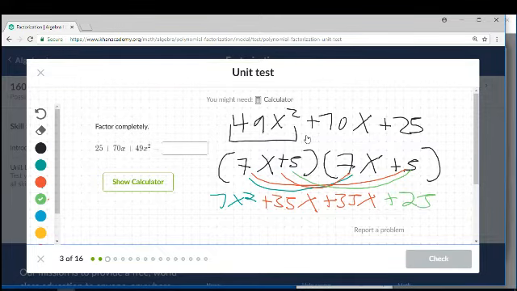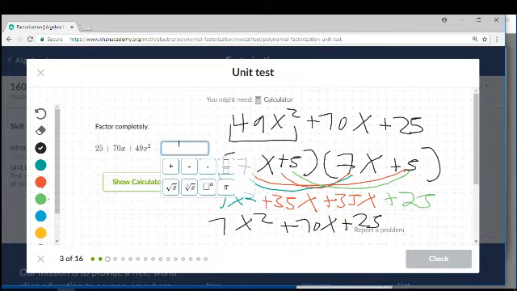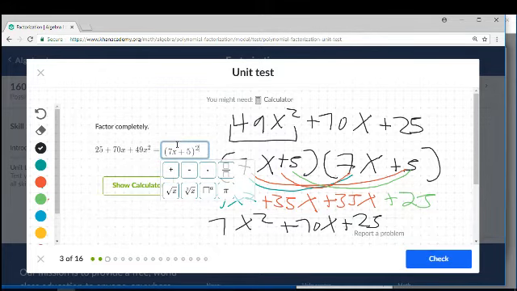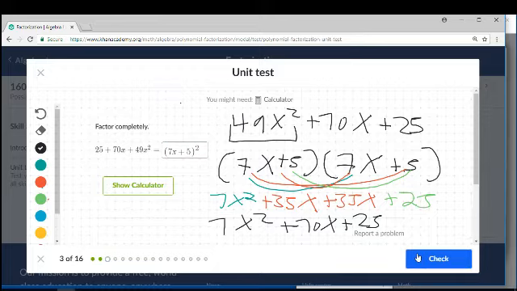The last step is we have 49x squared, 35 plus 35 is plus 70x plus 25. So that kind of shows you the work there. 7x plus 5, 7x plus 5. 7x plus 5 squared. I hope they like this notation.